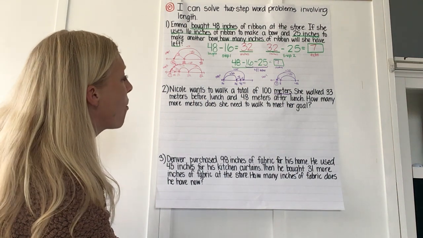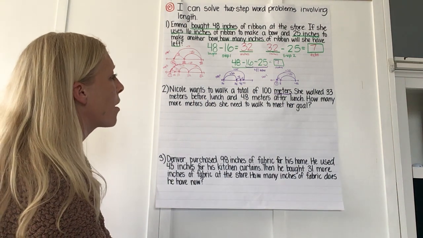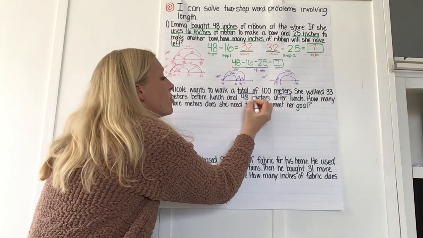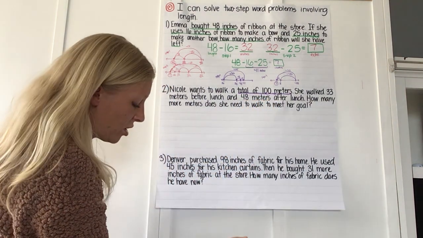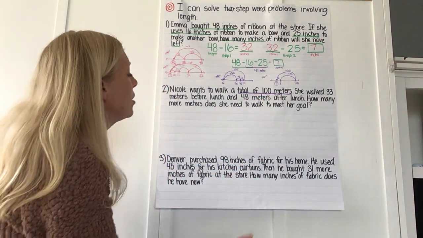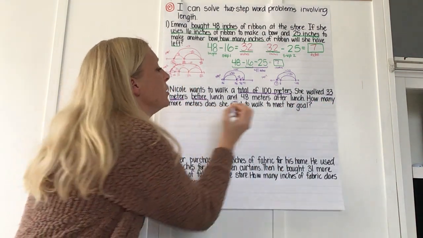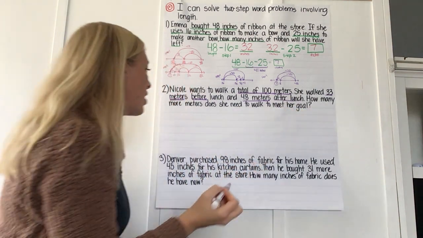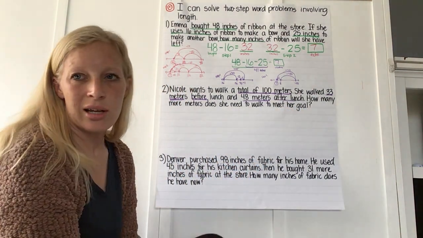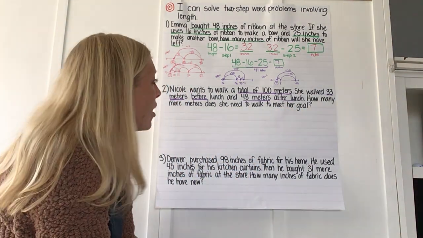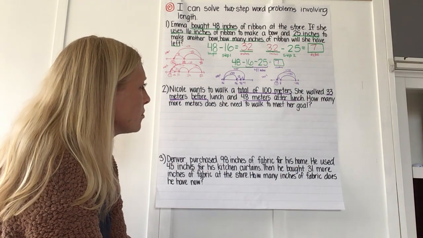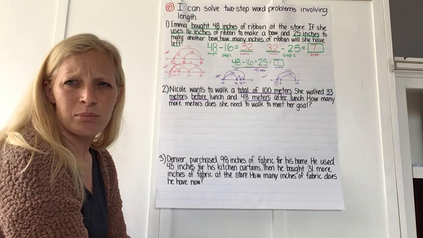So what do we know about Nicole? Her goal is the total of 100 meters. Walked 33 meters before lunch, 48 meters after lunch. She still has to walk some more to get to that goal of 100 meters. So how could I write this problem?